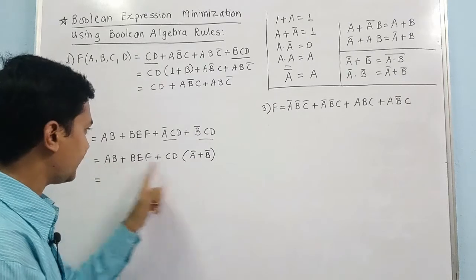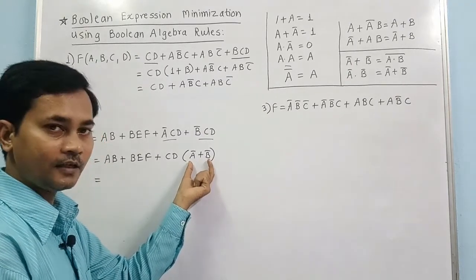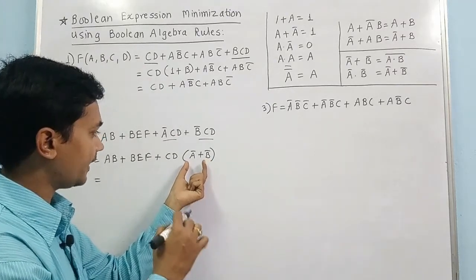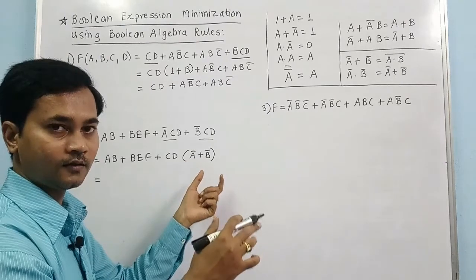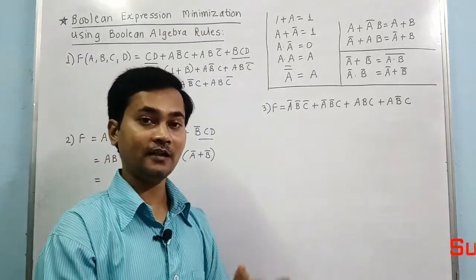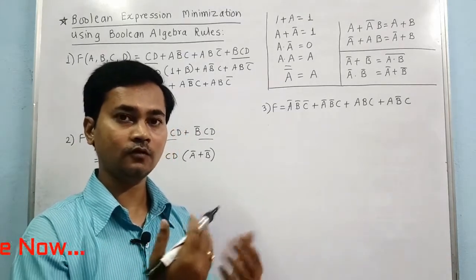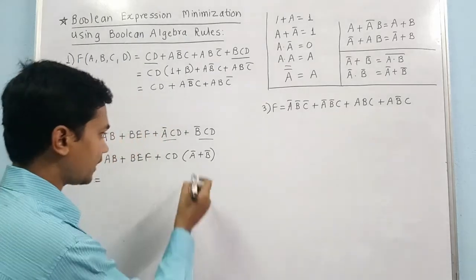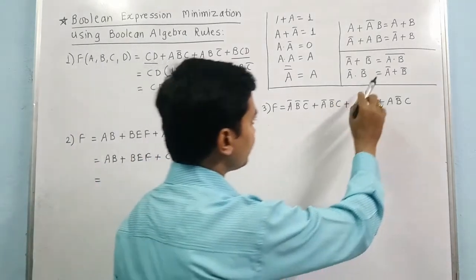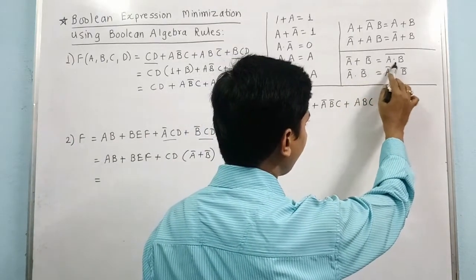This A bar plus B bar can be converted into A dot B whole bar, because a bubbled OR is equivalent to a NAND gate, and a bubbled AND is equivalent to a NOR gate. So De Morgan's law says that A bar plus B bar is equal to A dot B whole bar.